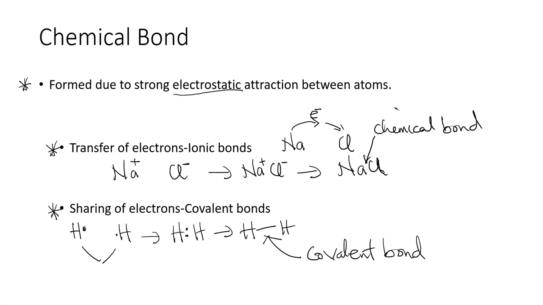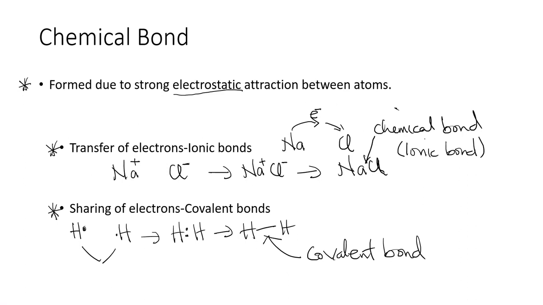So this bond is formed through sharing of electrons, while this bond formed through transfer of electrons is known as an ionic bond. So these are the types of chemical bonds that we are going to look at.